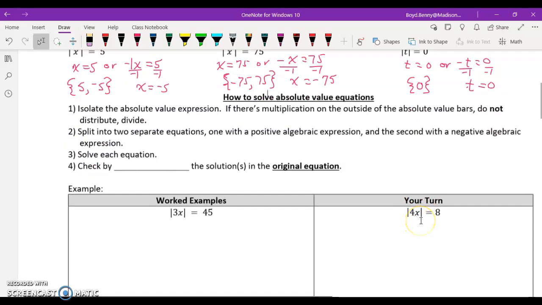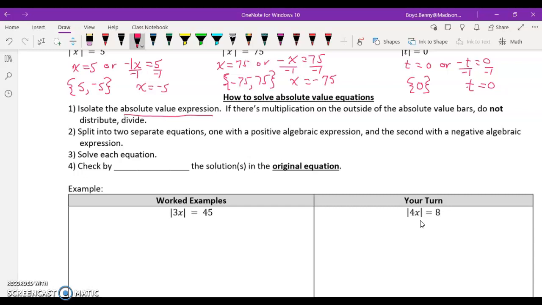So how do you solve absolute value equations? Number one, you want to isolate the absolute value expression. If there's multiplication on the outside of the absolute value bars, do not distribute, divide. Split into two separate equations, as we did above. One with a positive algebraic expression, the second with a negative. Solve each equation.